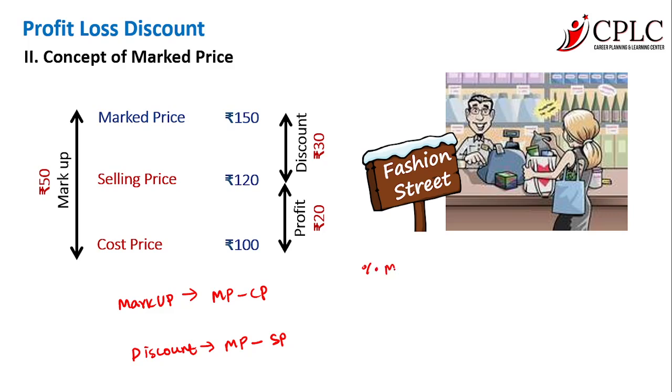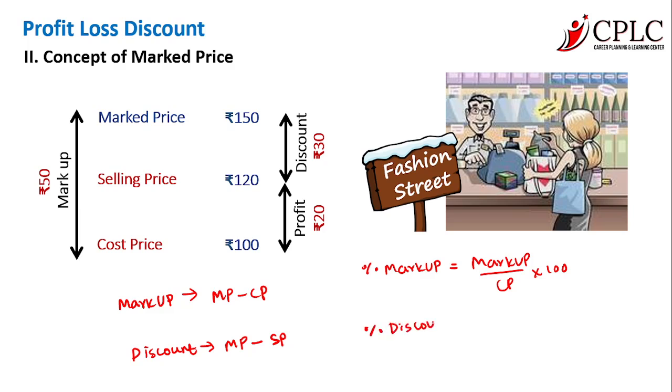Similarly, we also have to find these in percentage. Percentage markup will be markup upon cost price, because the hike is happening on cost price. So the base value has to be cost price, and into 100, because we are finding it in percentages.